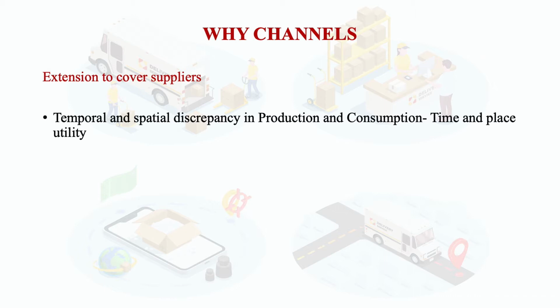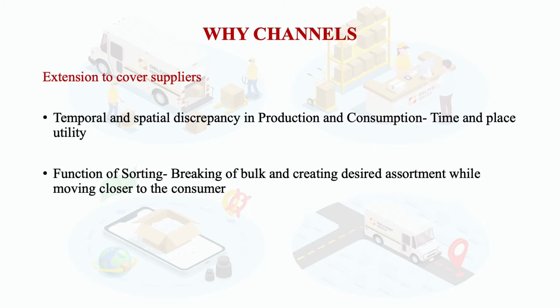And therefore, we come to the second point, the function of sorting. Manufacturers would be producing a limited number of product lines, whereas in order to have their daily lives, consumers require a variety of goods and services in a certain assortment.